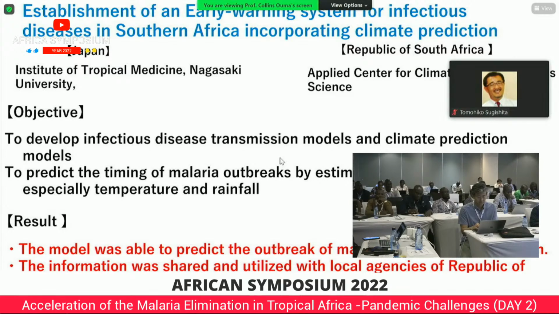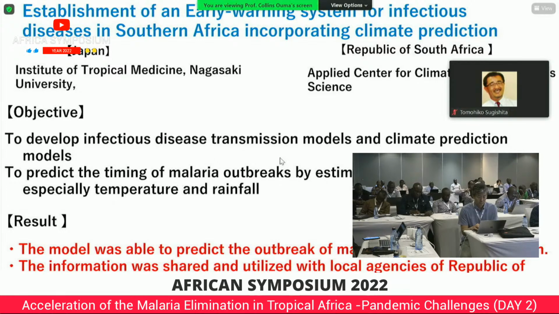By predicting rainfall, temperature, and so on in the target area using a weather model, it is possible to estimate when malaria-carrying mosquitoes will emerge. If this can be predicted, it will be possible to implement countermeasures such as spraying insecticides to exterminate malaria-carrying mosquitoes, ultimately reducing the incidence of malaria.